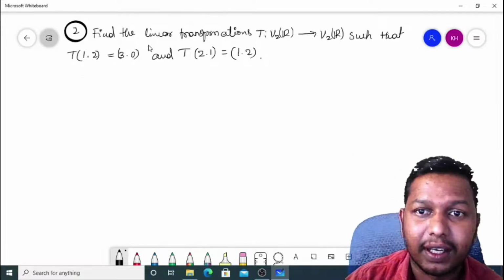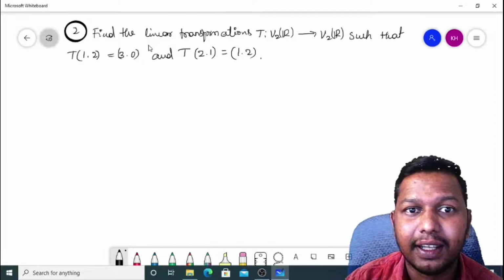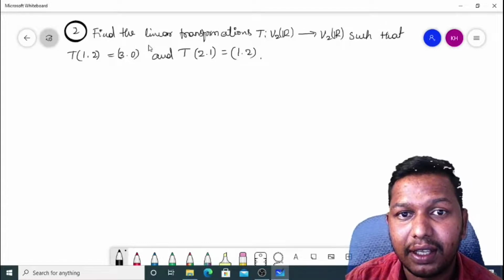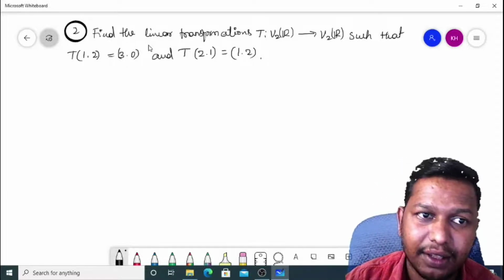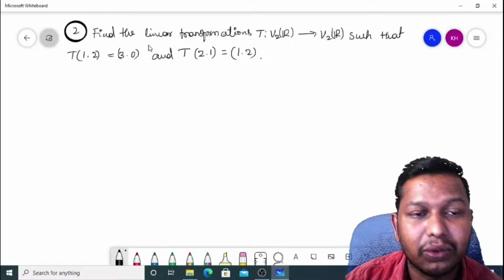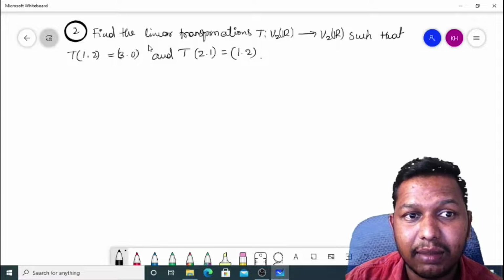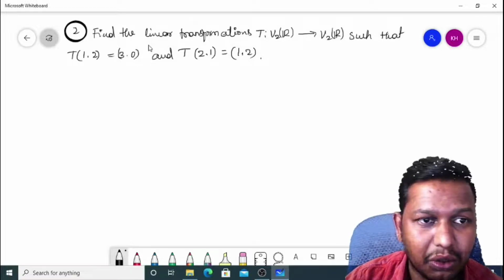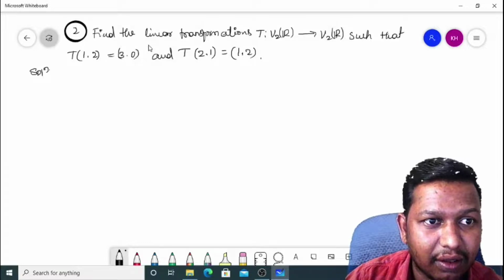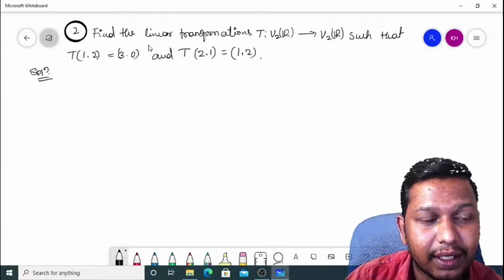Let's see another problem. Find the linear transformation T from V2 of R to V2 of R such that T of (1, 2) is equal to (3, 0) and T of (2, 1) is (1, 2). Let's see the solution for this one.